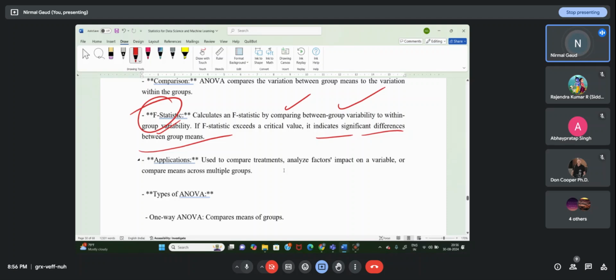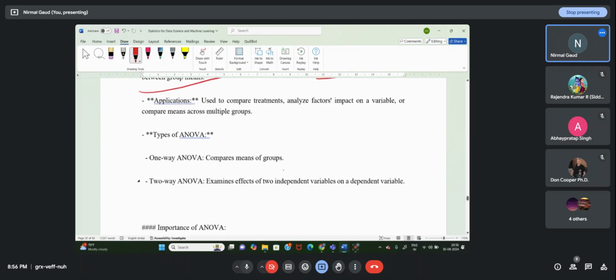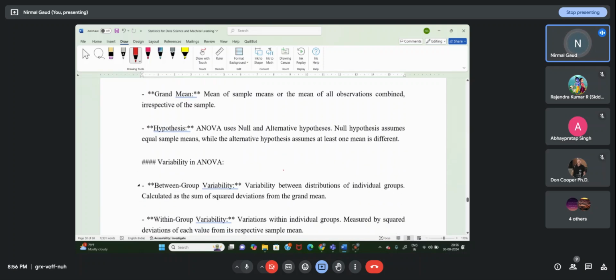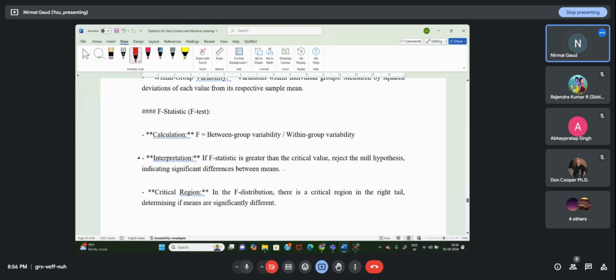So F is the between-group variability divided by the within-group variability.